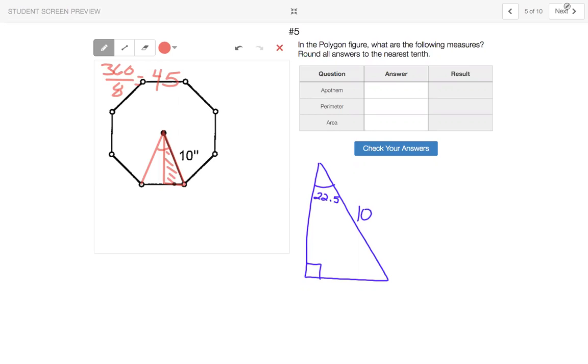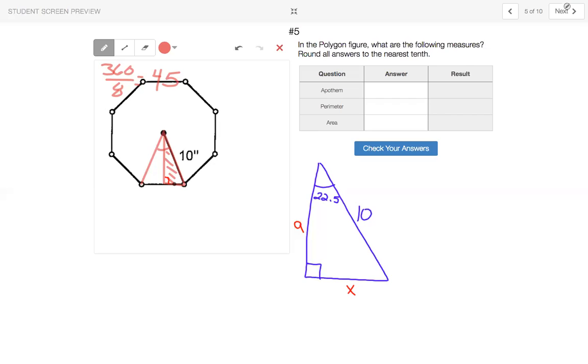If I gave you this triangle and said find your 2 missing sides, we would use trig. This leg here I'm going to name A because that is the apothem. This leg down here, I'm just going to make that X.